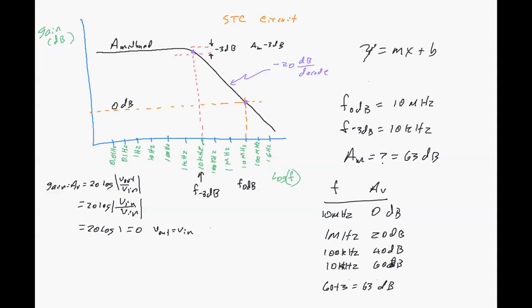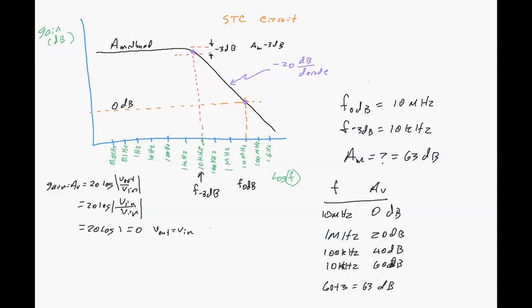We've got the slope, and we've got x, that's the log f, and we've got y, that's the gain. And we have an intercept, the y-intercept. You can figure these things out. That would be the equation for a line, but you don't need to be so fancy. You can work out a table like this, and you can understand these things.